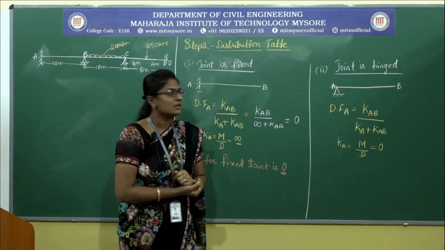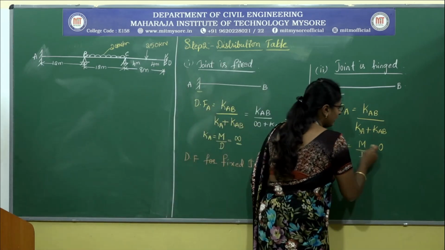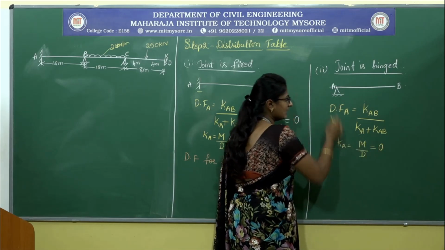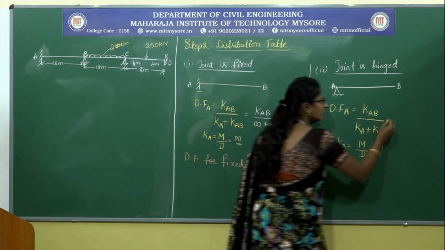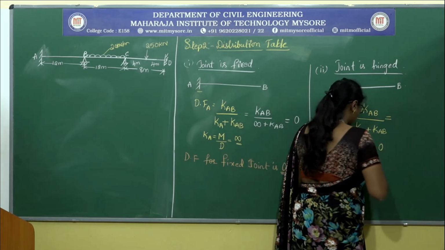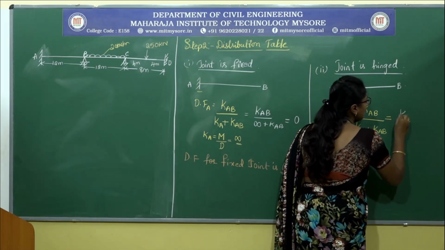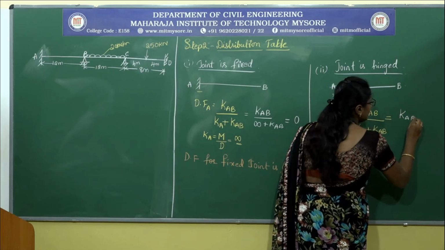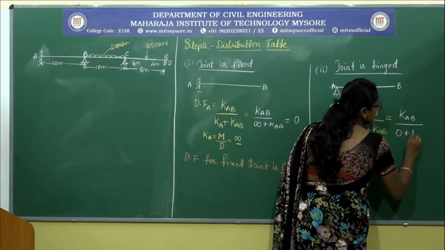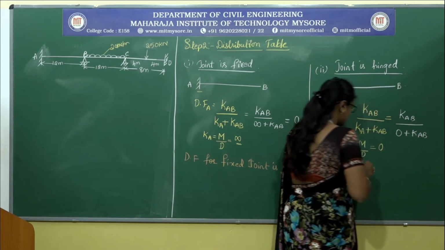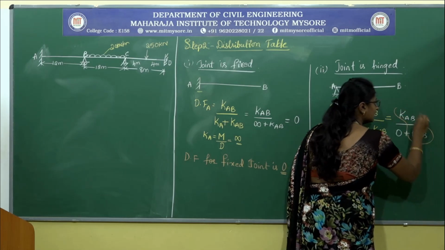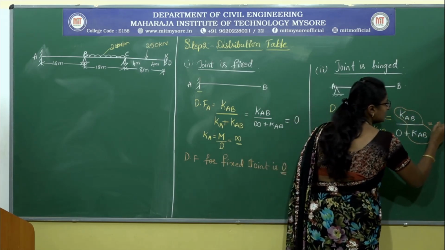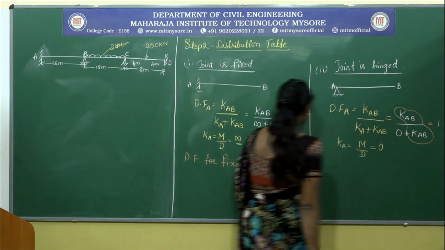Since the moment is 0, the stiffness considered at A is also 0. If I substitute this, the value is Kab divided by 0 plus Kab. So Kab by Kab is equal to 1.